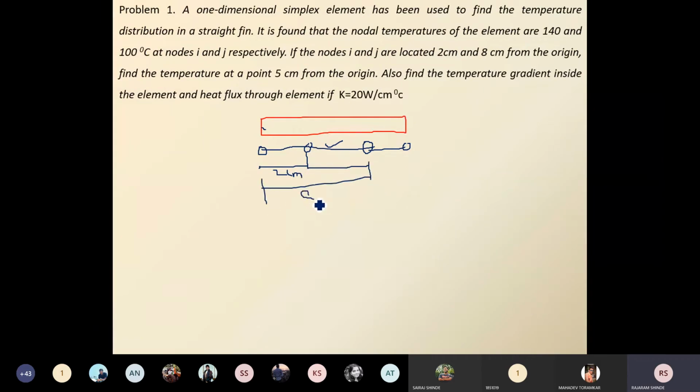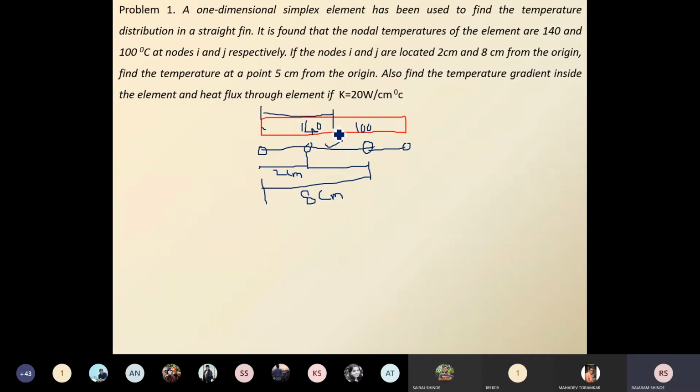Now the temperature at this node, you know how to calculate the temperature at the nodes. You have already done it. The temperature at this node is 140 and at this node it is 100. Now by using these temperatures and these coordinates, you have to calculate the temperature at 5 centimeter.